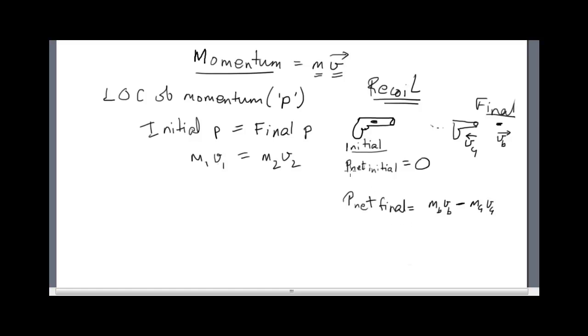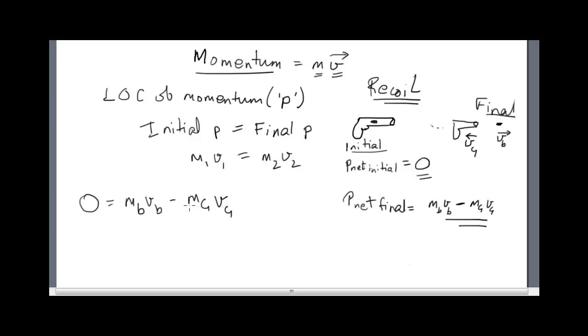So coming to my first point, the law of conservation of momentum, the initial momentum and the final momentum have to be equated. So let's equate them. So 0 is equal to mb vb minus mg vg.